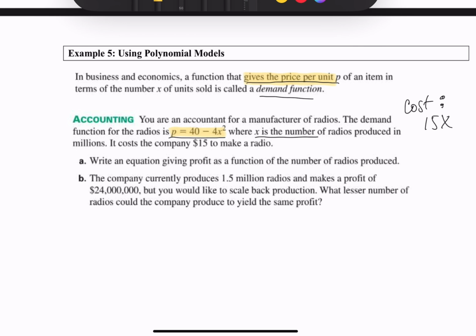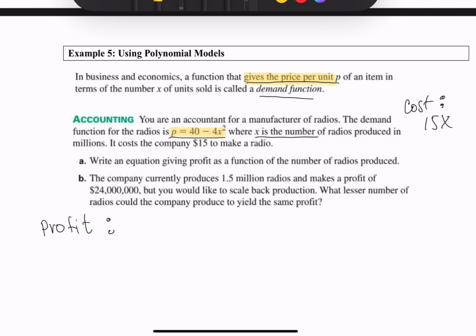For A, we're going to write an equation giving profit as a function of the number of radios produced. So if the price per unit that it's making for every single radio is 40 minus 4x squared, then the total price or the total profit made for all of the radios would be that price per unit times the number of radios. All right, so let's talk about profit.